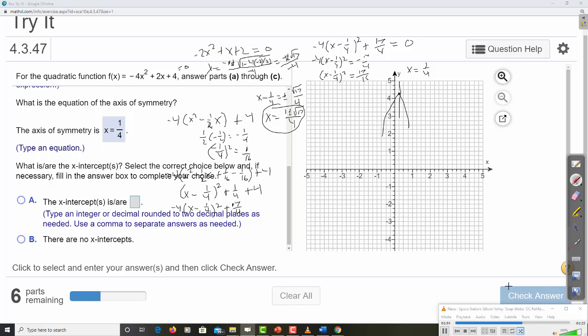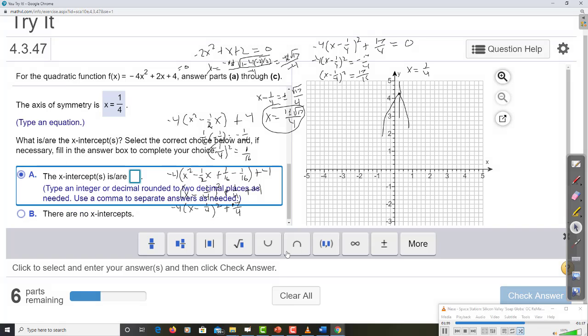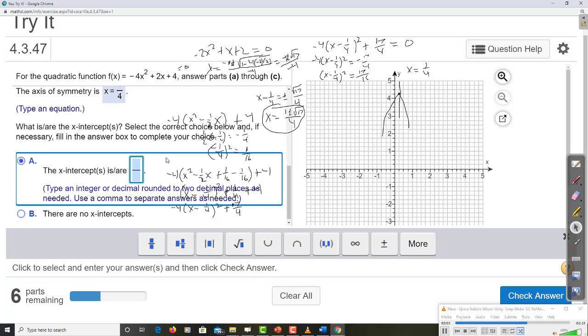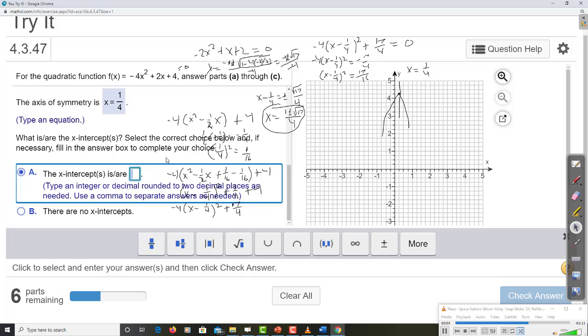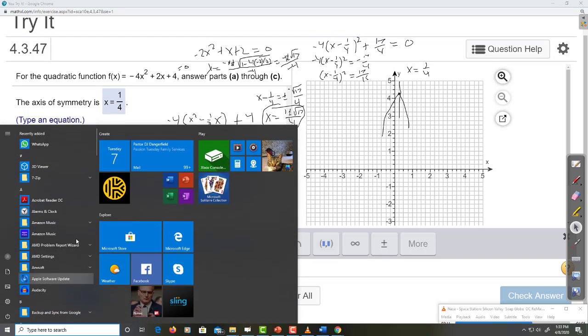X-intercepts, let's see if it'll take the plus or minus. So you need a fraction. Oh, integer or decimal. Well, I can't do the plus or minus then. So, get my calculator out.